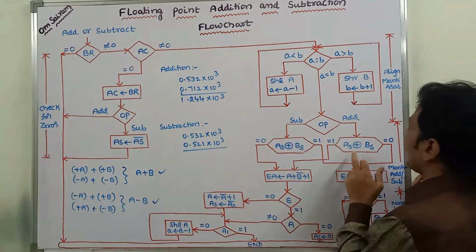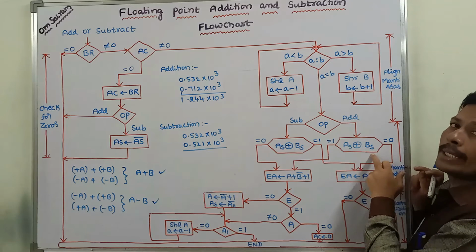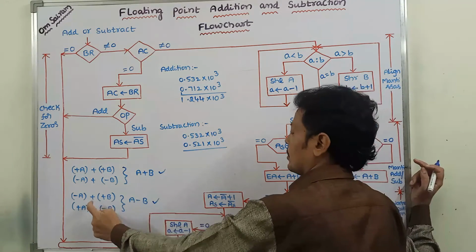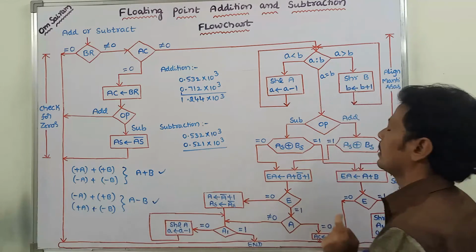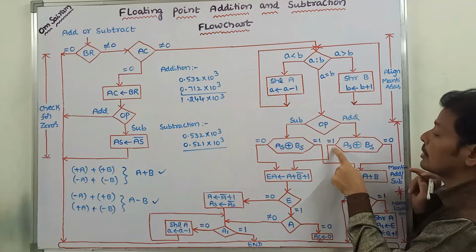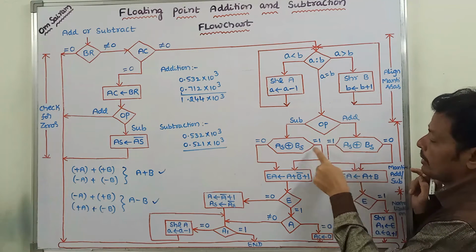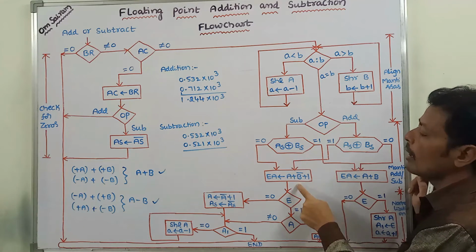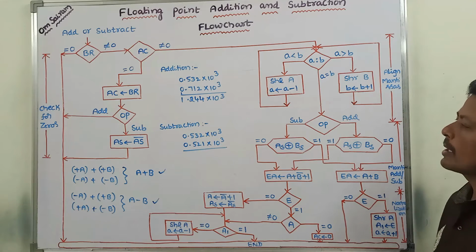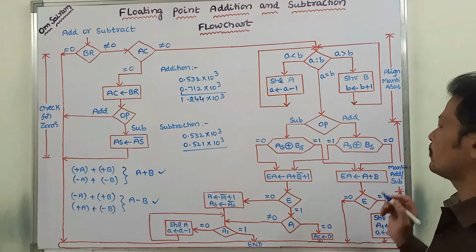So when both signs of the mantissas of two floating point numbers are different, the output of the exclusive OR gate is 1. So whenever the output of the exclusive OR gate is 1, then we are performing the subtraction operation. How to perform the subtraction operation?